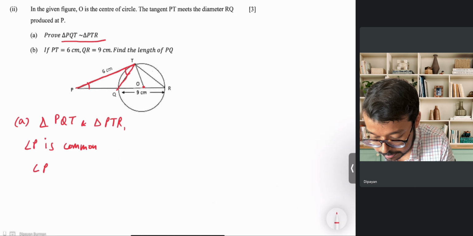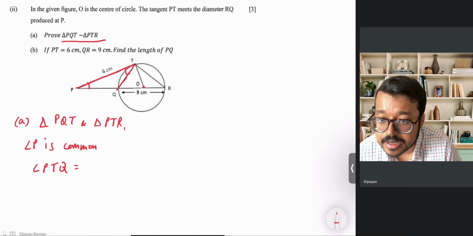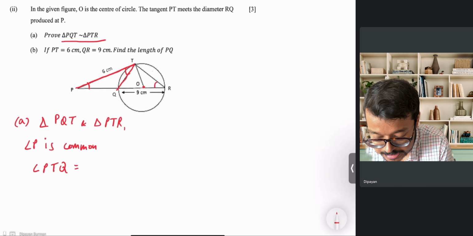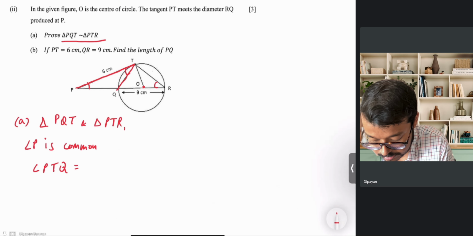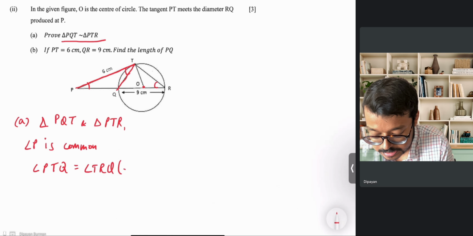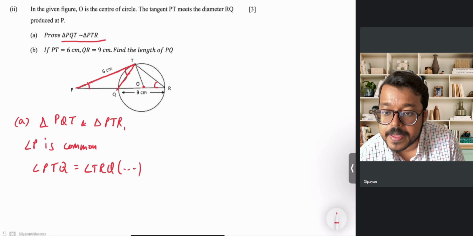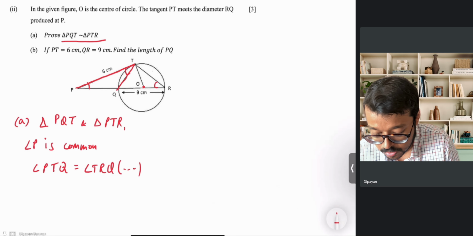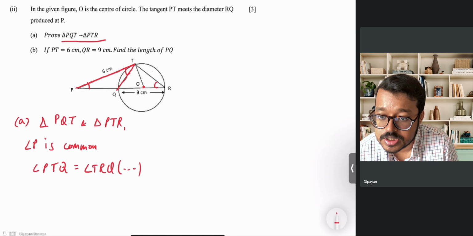So this angle PTQ is equal to angle in the alternate segment. So angle in the alternate segment is angle TRQ. So that reasoning you can write that angle PTQ is equal to angle in the alternate segment, which is angle TRQ.